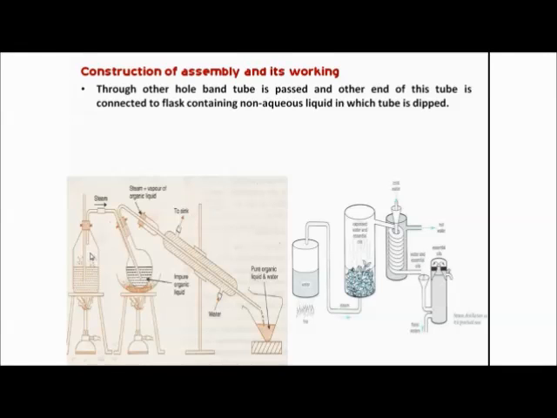You are heating the water, the steam is produced, and the steam will come through this bent tube and reach here in this round bottom flask. Here you have the impure organic liquid, like suppose turpentine, right?